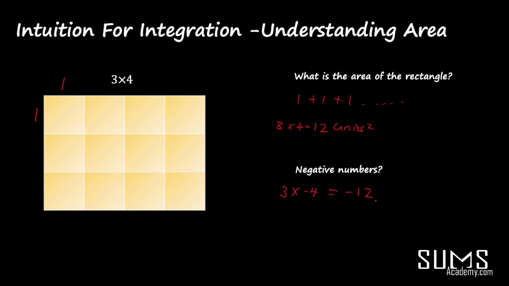But obviously, you can't have negative area. So are you saying multiplication is just for area? Because multiplication works here, and we know that we can't have negative area. We can't have something that's negatively spaced out. It just doesn't make sense. So again, just looking at multiplication as a way to find area doesn't work out.